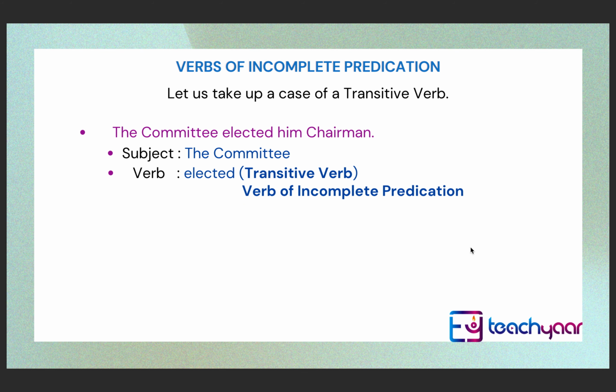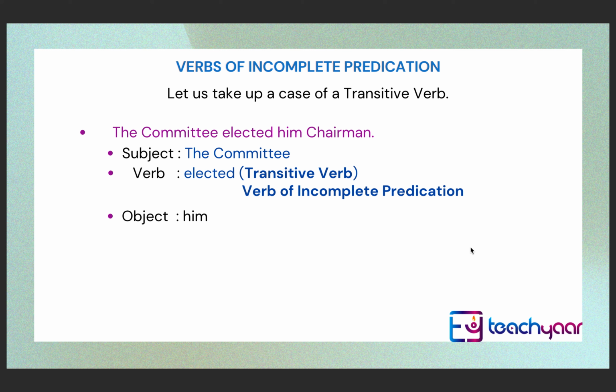The object is him. How did you get that? The committee elected whom? There is a question which we can ask after the verb. So you get the answer him. So we have the subject, we have the verb, and because it is a transitive verb, we have the object also.